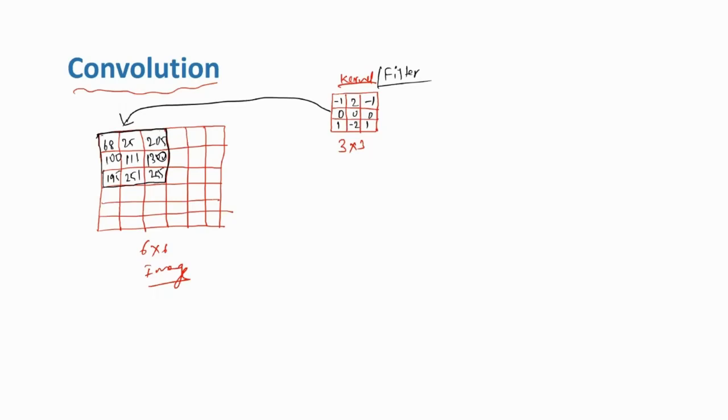These are the pixel values from the selected portion. The kernel will be superimposed here. Now, whatever the multiplication of these corresponding values, -1 times 68, 2 times 25, -1 times 205, all the values will be stored here in a new 3 by 3 kernel.